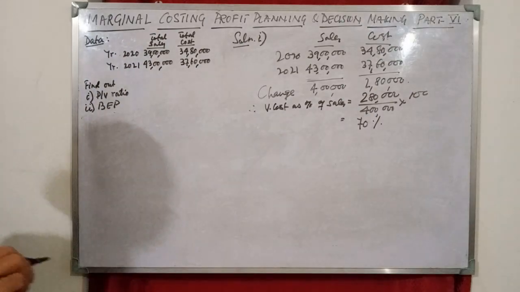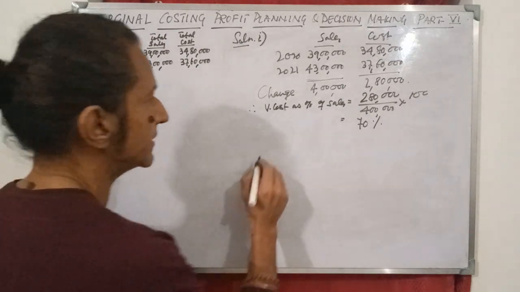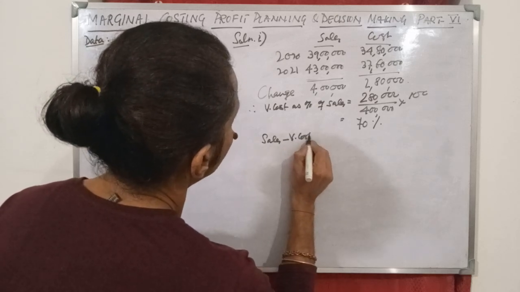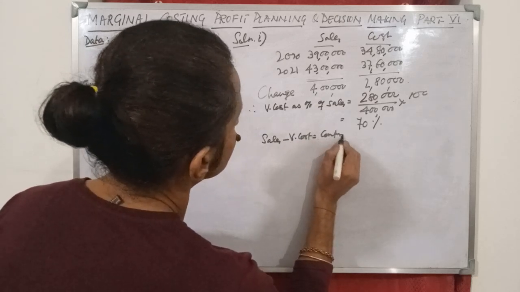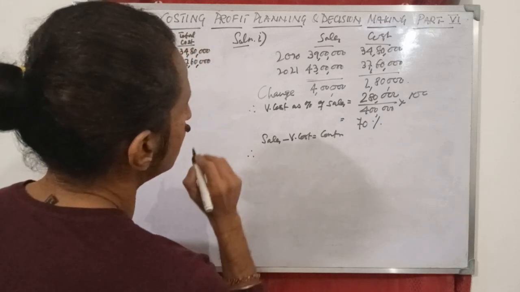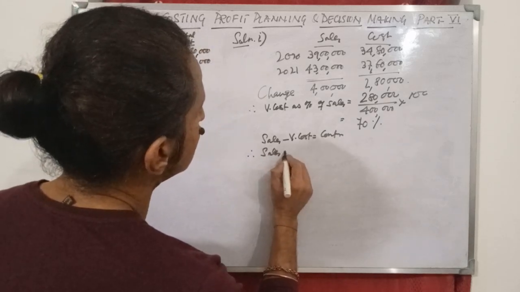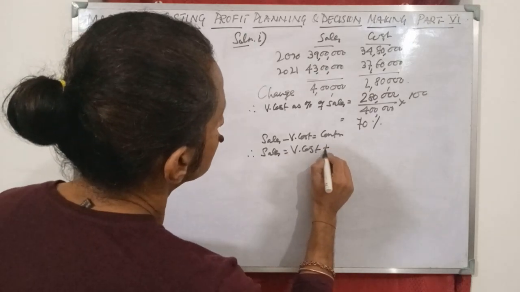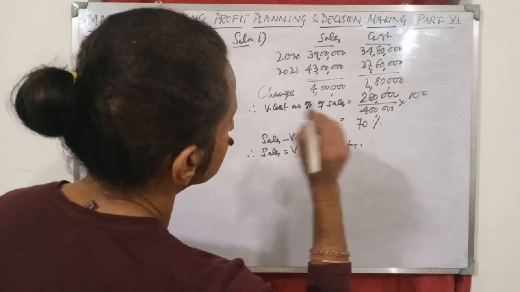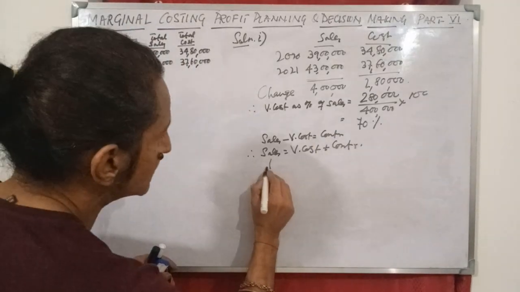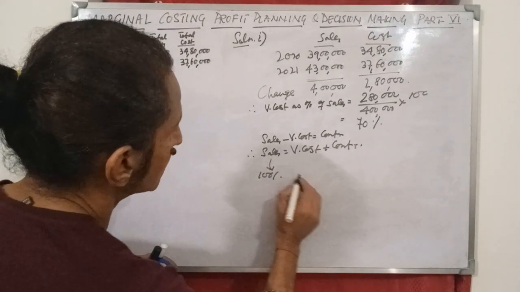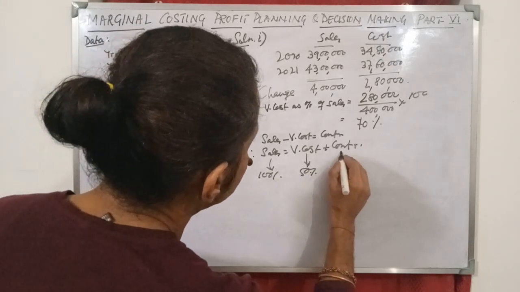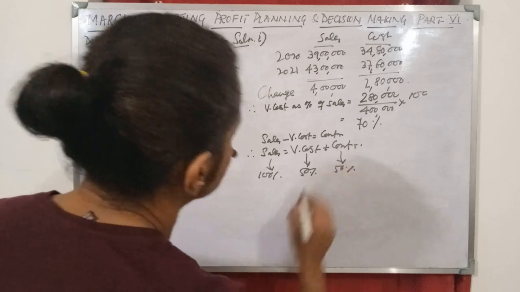Now remember the first formula of marginal costing, that is sales minus variable cost is equal to contribution. Therefore, sales is equal to variable cost plus contribution. So if sales is 100% and if variable cost is 50%, then contribution must be 50%.